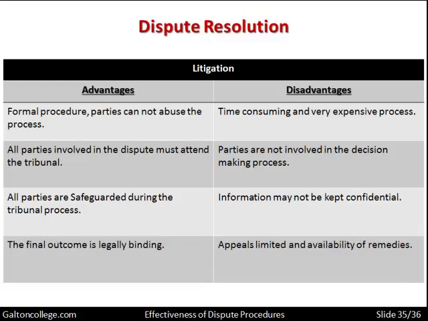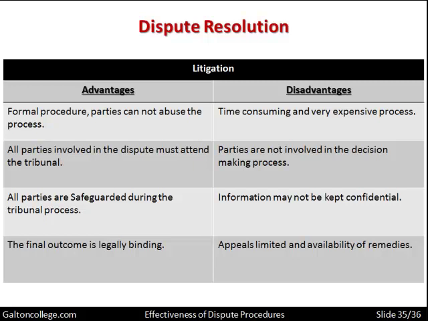The final outcome from the process is legally binding. When the tribunal has made a decision, that is the legal position, and both parties must agree to it. That is the law. There are appeals that may be lodged looking for some other factors to be taken into account, or an appeal to say that the judgment was unfair because certain issues were not fully considered or fully taken into account.